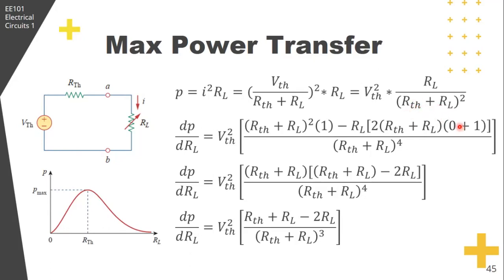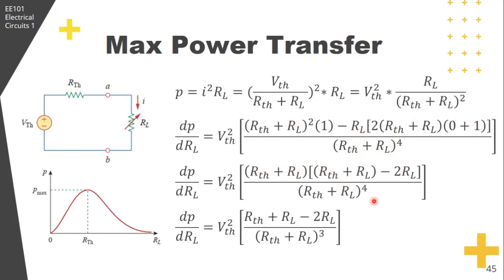RTH is constant so its derivative is 0, and the derivative of RL with respect to RL is 1. Then low squared is RTH plus RL to the 4th power. As you can observe, RTH plus RL is common to the two terms, so we can factor that out. We have RTH plus RL multiplied by the remaining RTH plus RL minus 2RL.